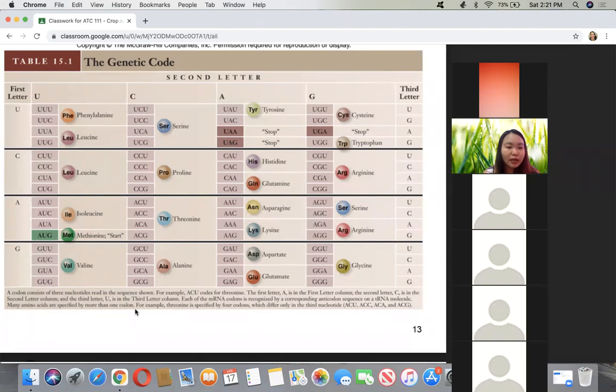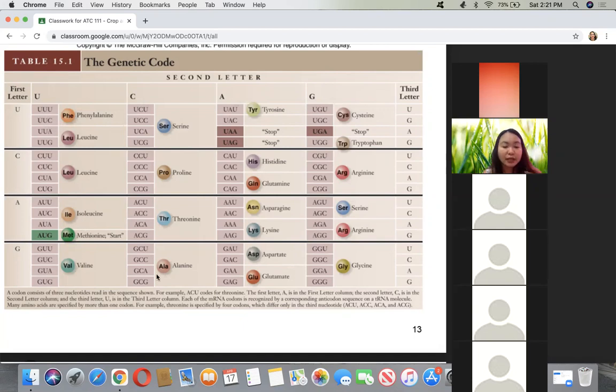So, in one codon, meron siyang tatlong nucleotides ng ano nga yung U? Uracil ba yun? Cytosine, adenine, and guanine, no? So, yun yung mga nucleotides. So, tatlo-tatlo siya, pero sa phenylalanine, like example, dalawang codon siya, no?